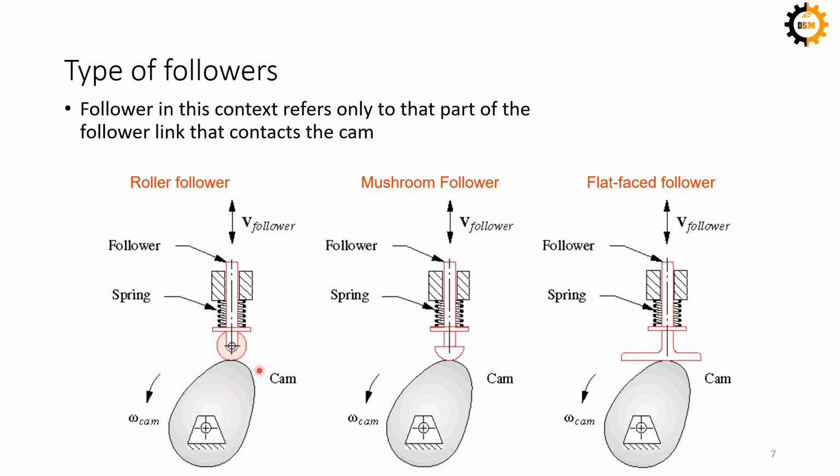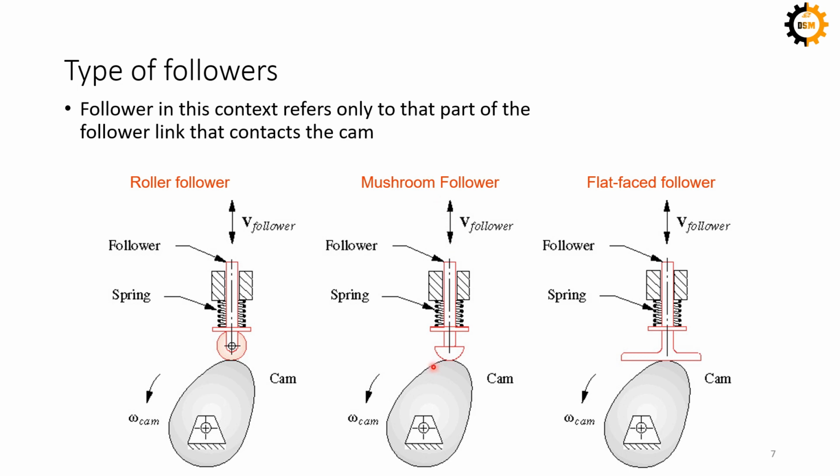So when the cam rotates, this follower is rolling around this central point, and also it is coming down and up under the action of this spring. This type of follower, because of its shape, is known as a roller follower. Also, it is a translating follower. So it's a roller translating follower, and this is another example of force closed because the spring is applying a force to keep these two always in contact.